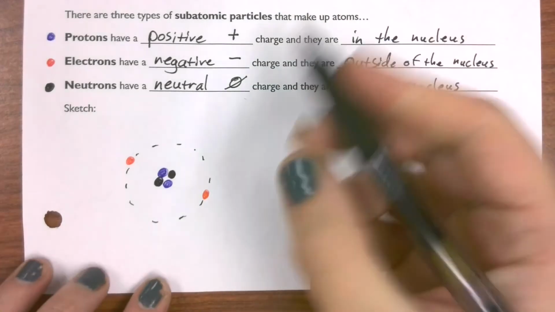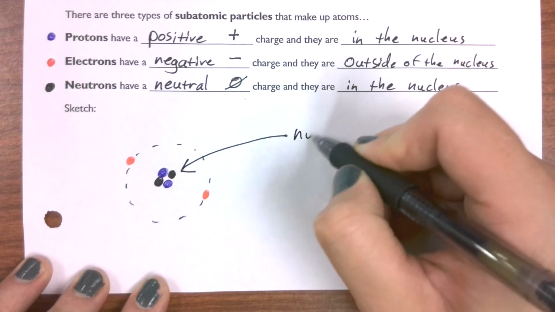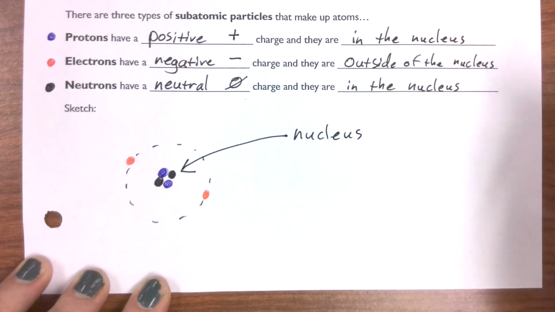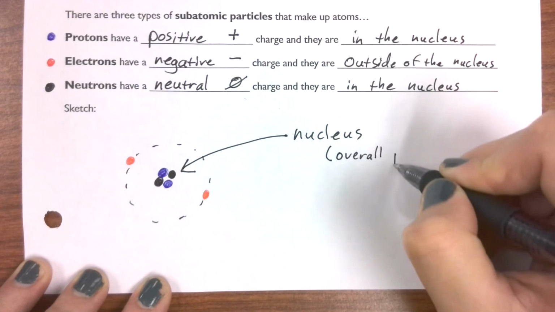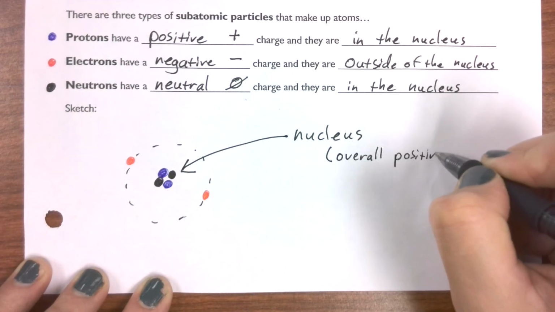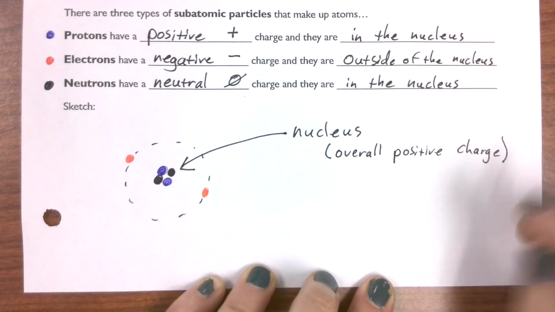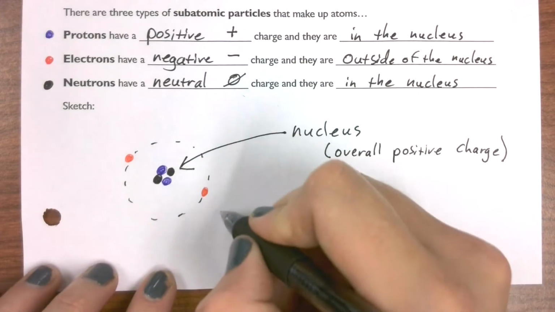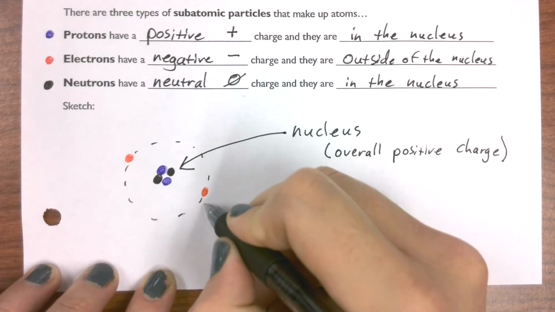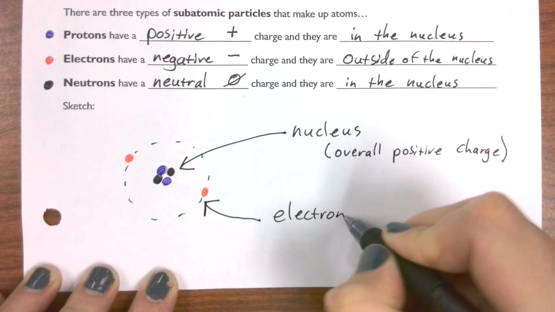Let's label a couple things on here real quick. So this again is the nucleus, and it has an overall positive charge. The area then where the electrons move around, we're going to call that the electron cloud.